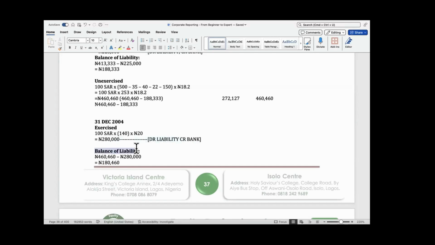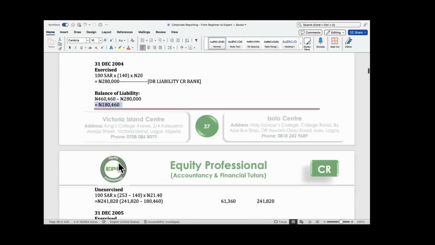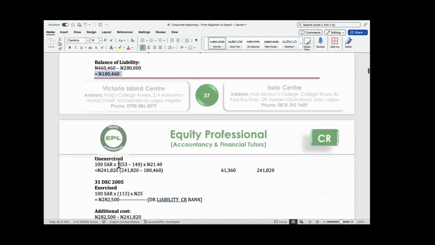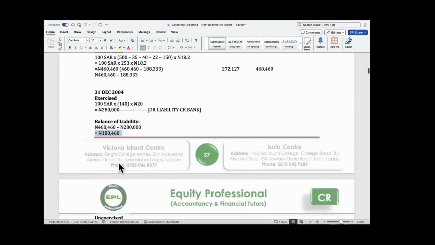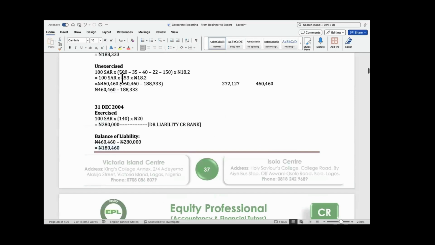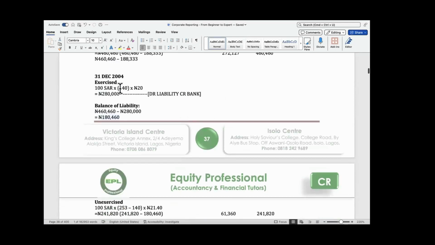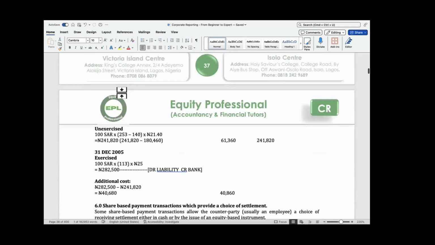What would then be the balance in your liability? It was 460 before. We have settled 280, remaining 180,460. Now, since 140 has exercised, don't forget, it was 253 that was remaining before. So there are still some that are unexercised, which is 253 minus 140.